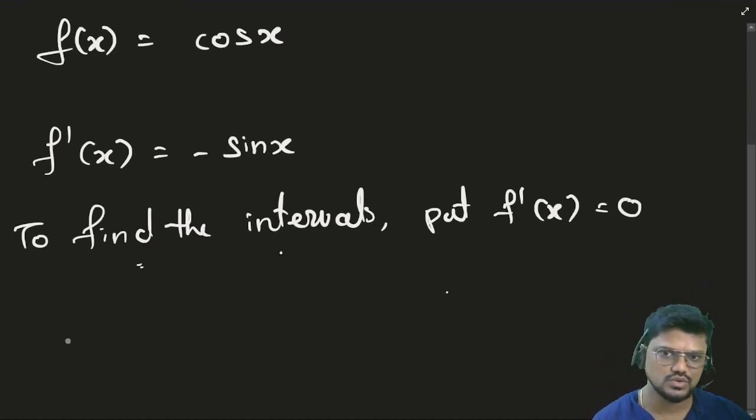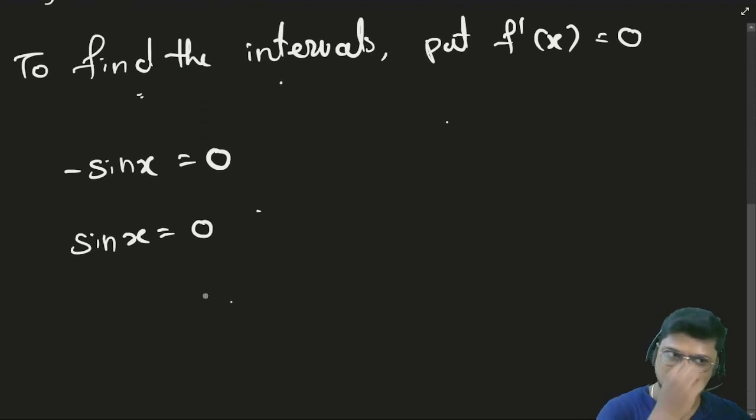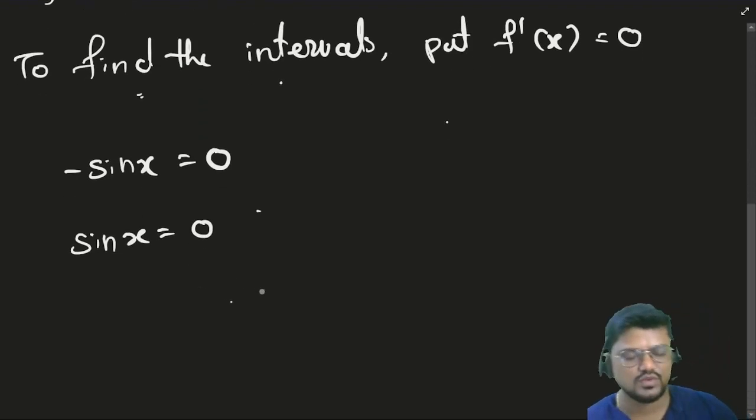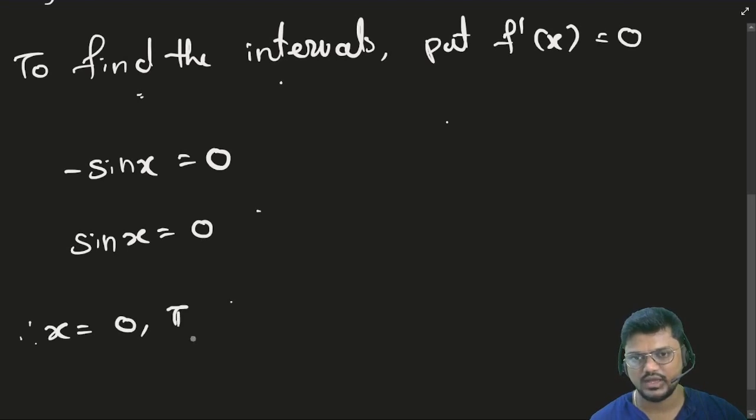So minus sin x equals 0, and you can say sin x equals 0, and sin x is 0 at which points? We know that sin 0 is 0, sin pi is 0, sin 2 pi is 0, sin 3 pi is 0. Therefore x can be 0 or pi or 2 pi or 3 pi and so on, right?